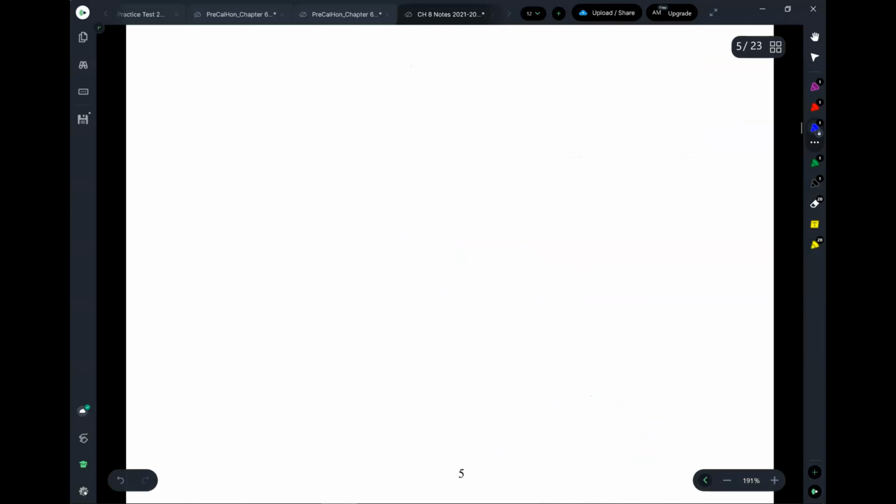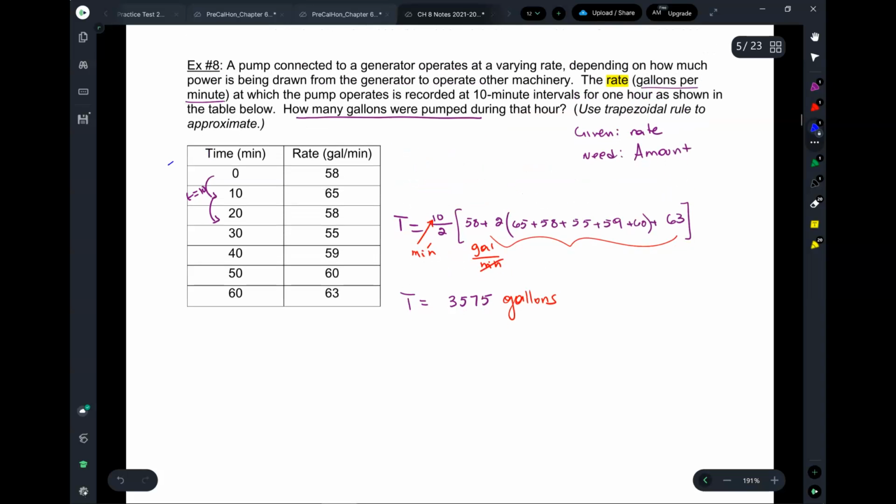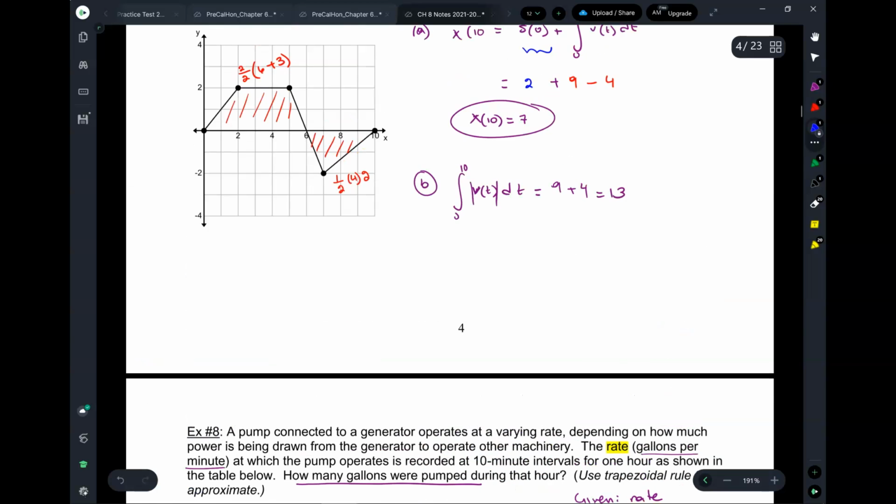But the way in which we were given all of these things was different. So here, okay, rate given as a table, okay, and we had to use either trapezoidal or Riemann to do the integral, yeah?